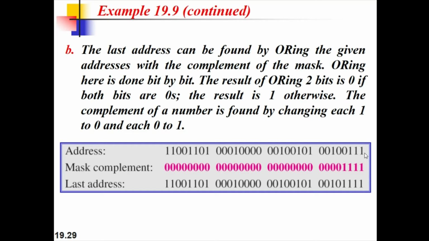So in ORing operation, 111, 111, 111, 011, 000, 101, 000, 000. Do the same thing for the rest of the bits. Then this will be the last IP address of your block of addresses.